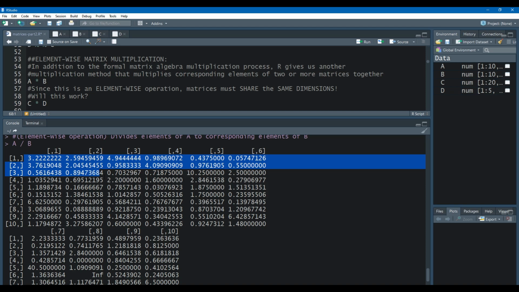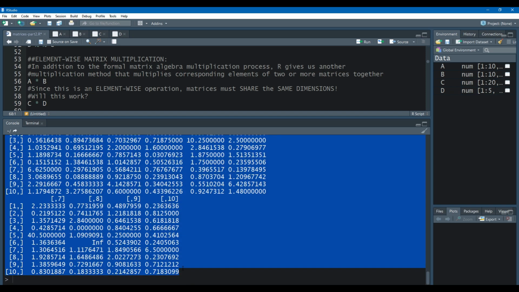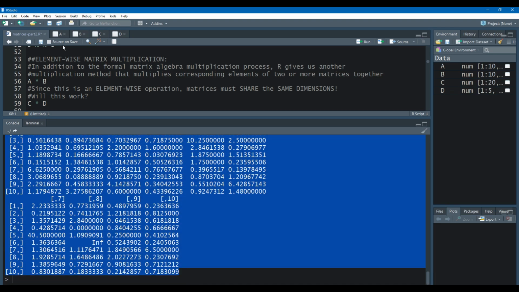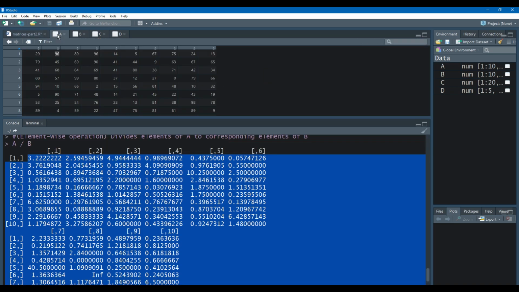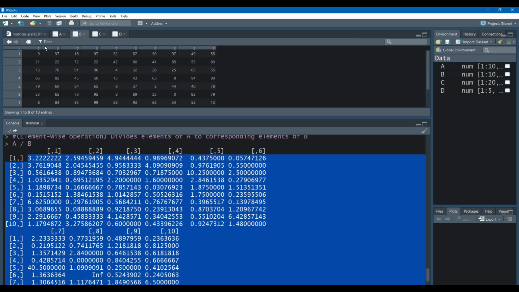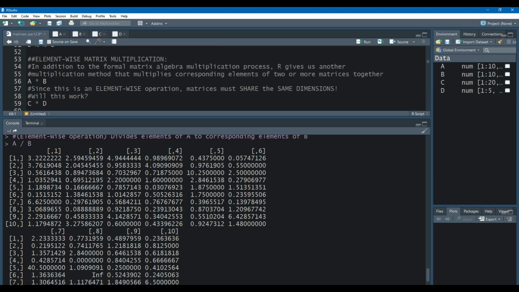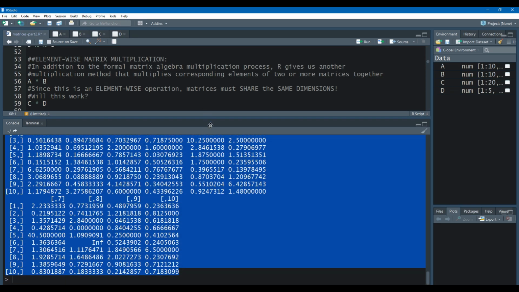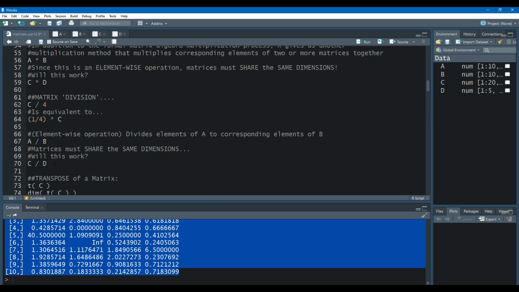Again, we have a 10 by 10 matrix. The reason the matrix looks like this is that we didn't round off our numbers, and 29 divided by 9 gives us a decimal. I just didn't round the decimals, but this is a 10 by 10 matrix, and it was an element-wise operation.